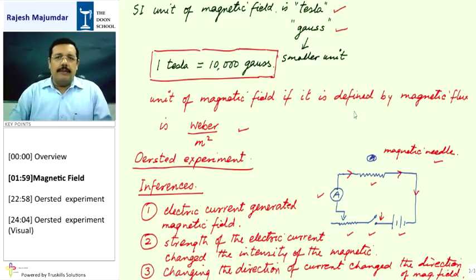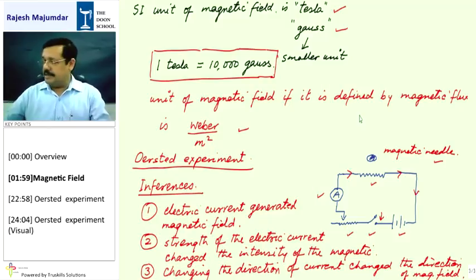So these were very important inferences after this experiment, and it clearly established a relationship between electric current and magnetic energy. So both were related. Now this was extremely important because earlier scientists thought that magnetic energy and electric energy were separate.